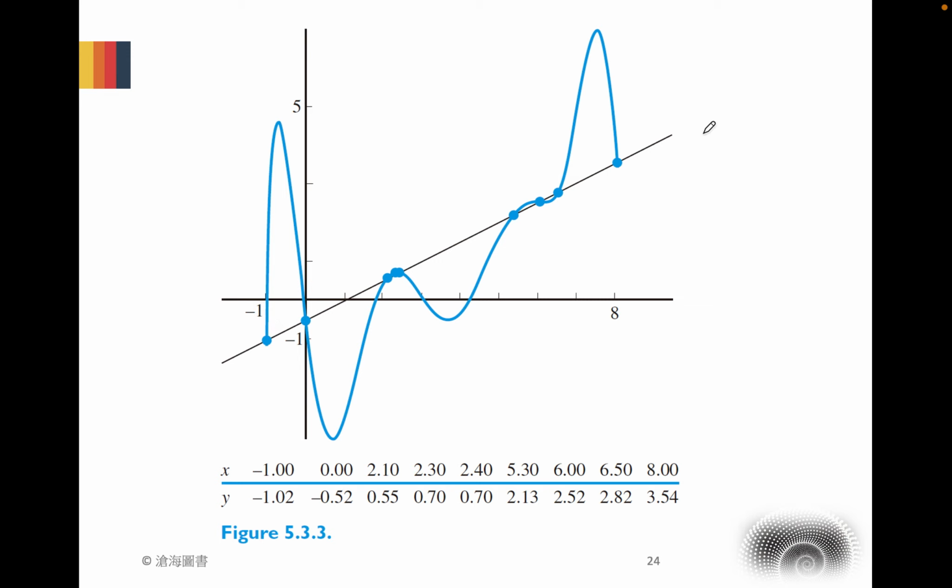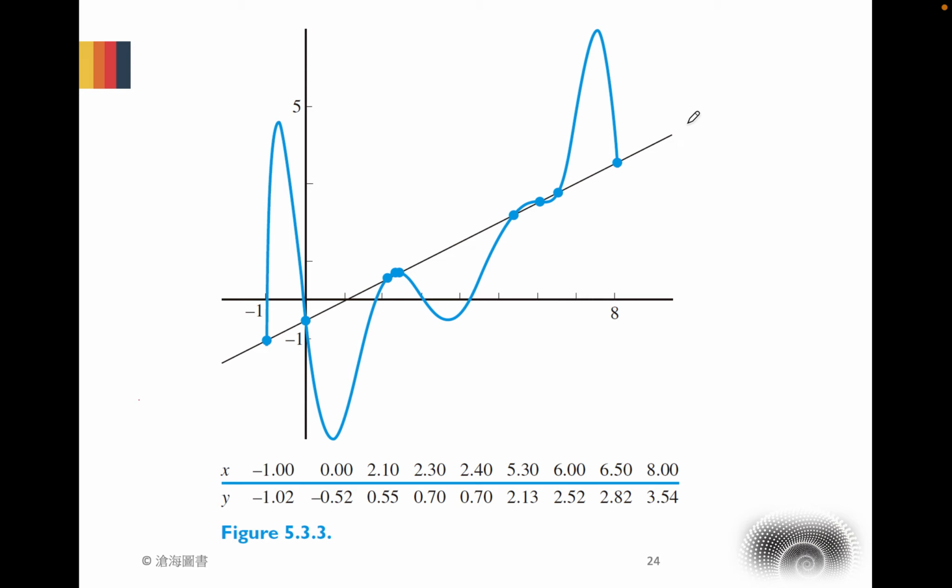So if you insist on finding a polynomial to 100% pass through them, then you will get this polynomial, this one, which is very complex. However, this straight line may be more appropriate to describe the trend of the data points.